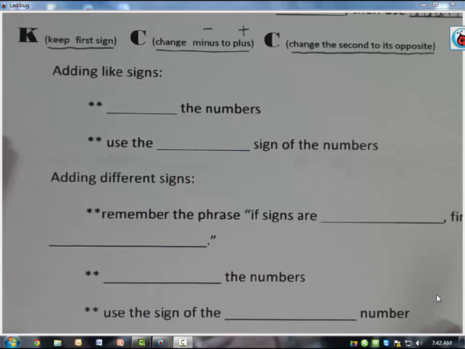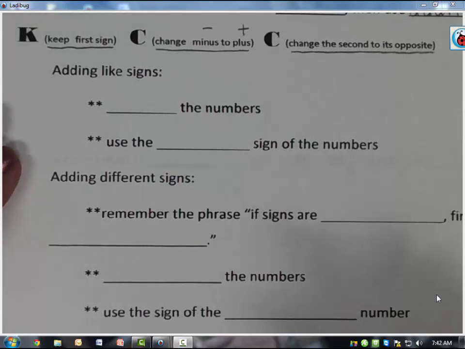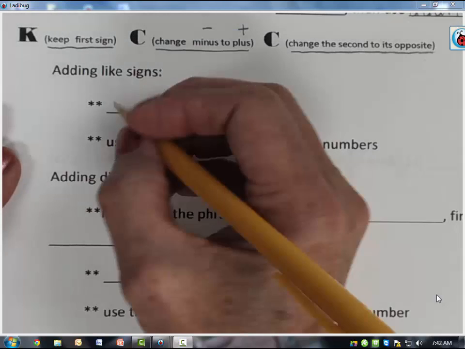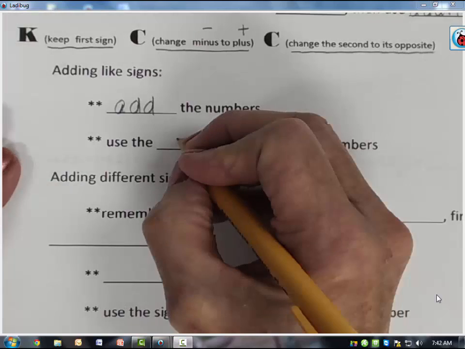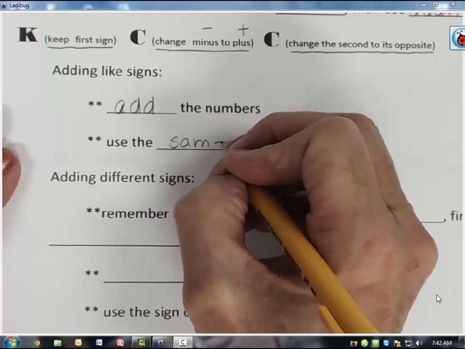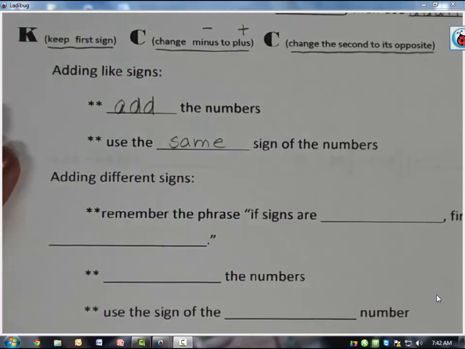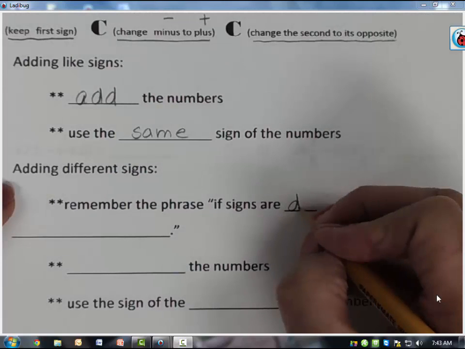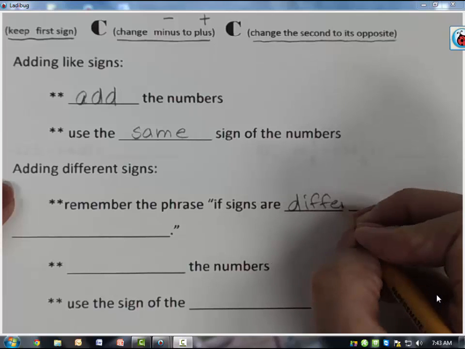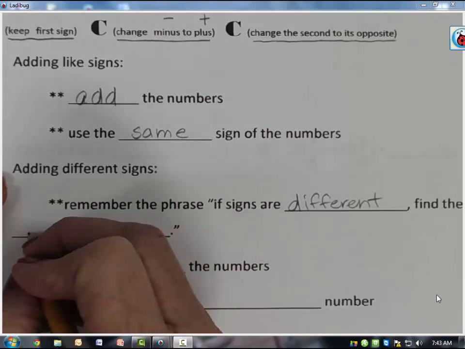Okay, we're going to review the addition rules because we are changing our subtraction problem to an addition problem. When you add like signs, you add the numbers and then use the same sign as the numbers for the answer. When you add different signs, remember the phrase, if signs are different, find the difference.